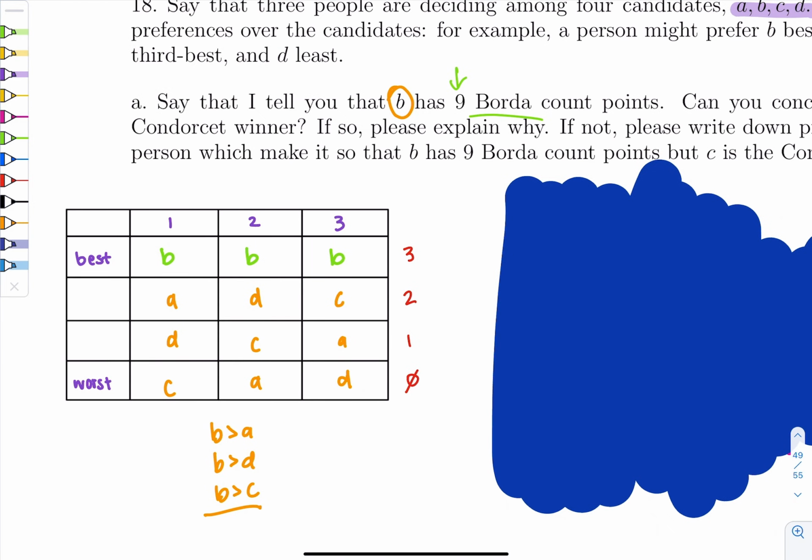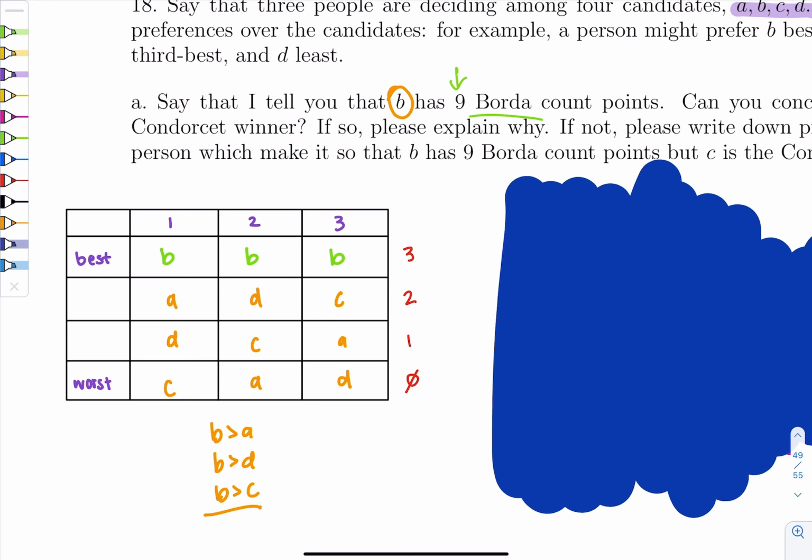So here, because we have 3 voters and 4 candidates, our first candidate will receive 3 points, our second best 2 points, our third 1 point, and our last ranked 0 points. And the points are determined by the total number of candidates minus whatever rank the specific candidate is at.